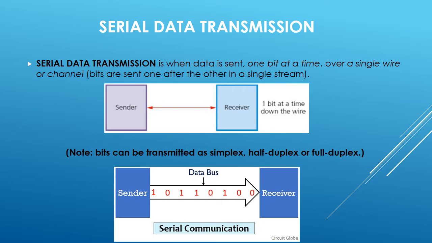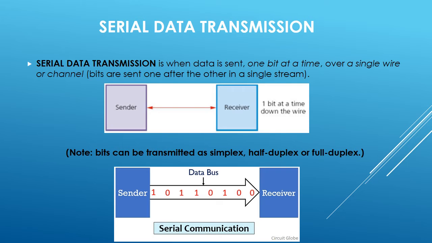So, for example, if a sender sends a character D, D is equivalent to some binary value.